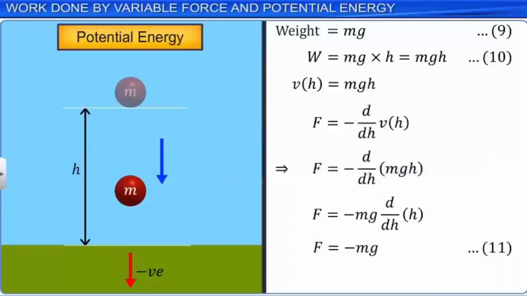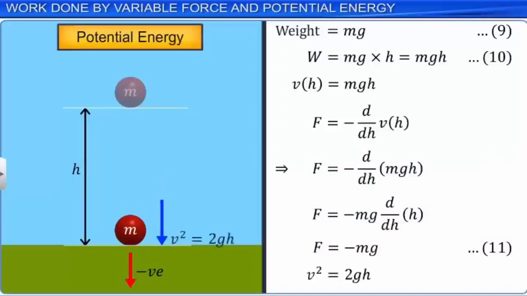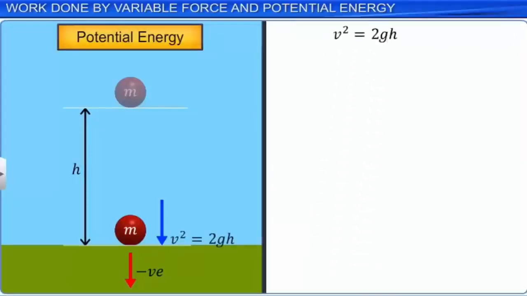The body strikes the ground with the velocity v denoted by the expression v square is equal to 2gh. On multiplying both sides of the above equation with half m, we get half mv square is equal to half m into 2gh, which is equal to mgh.